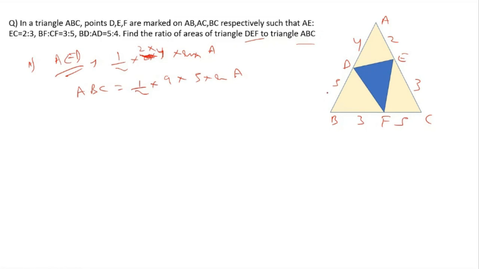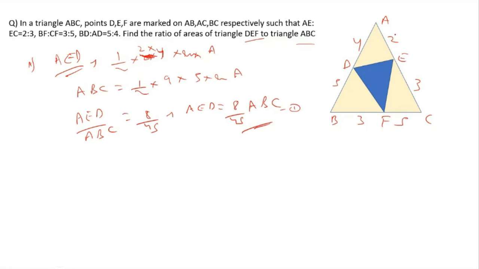If this is 4 and 2, this would be 9 and 5. Again, these are ratios, not exact lengths, but we can work on ratios because we're going to cancel them. So if we divide AED by ABC, it would be simply 8 upon 45, to say that AED is 8 by 45 times ABC.